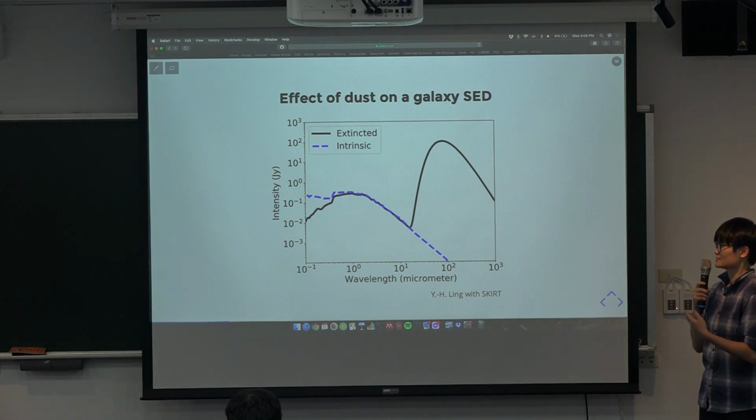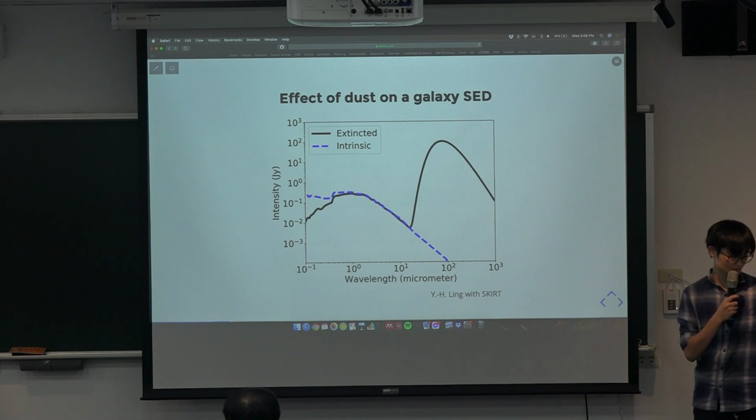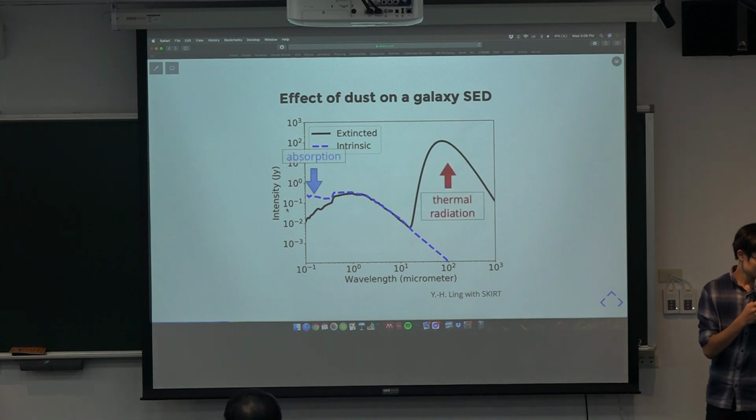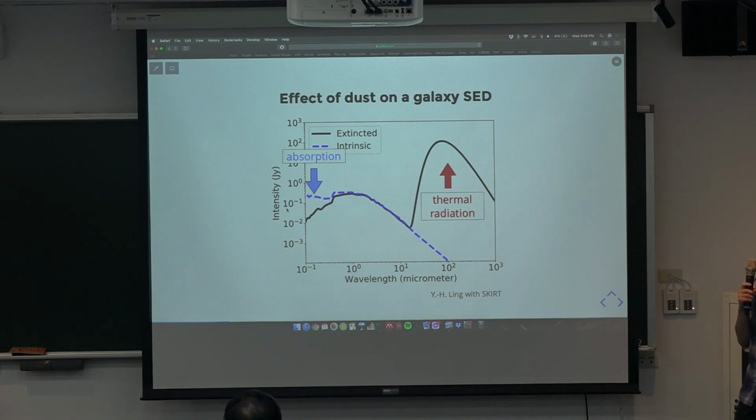But if there is dust, it will absorb the UV radiation and emit in the IR, so the shape of the SED changes significantly. I think these few examples are enough to convince you that dust is very important in galaxy evolution.